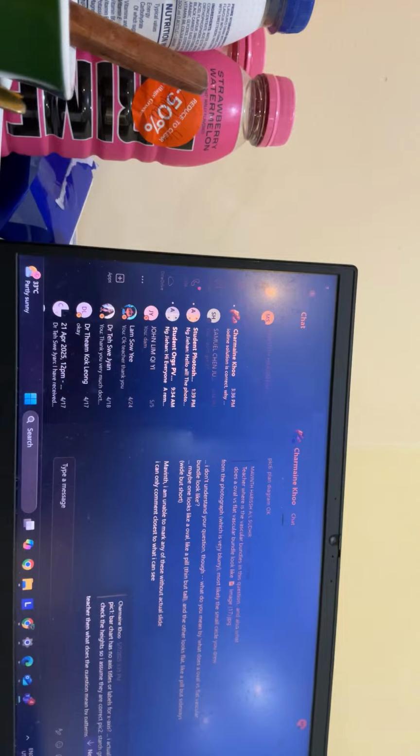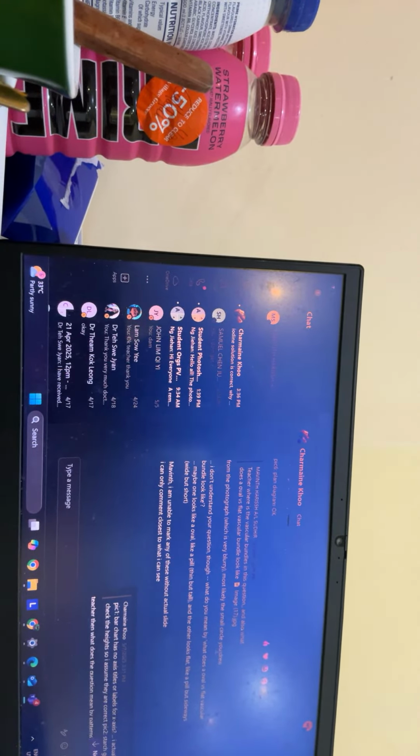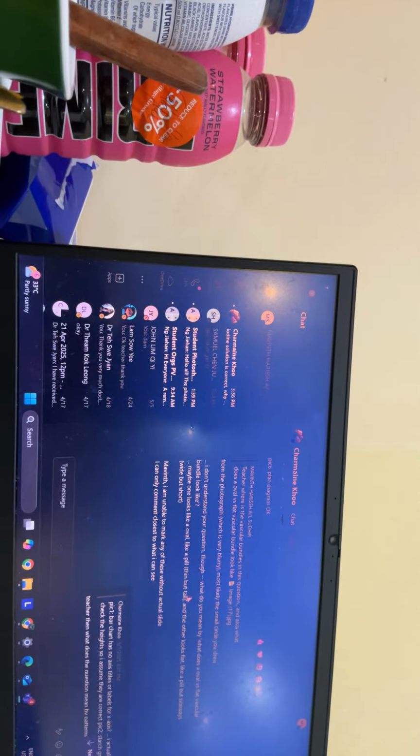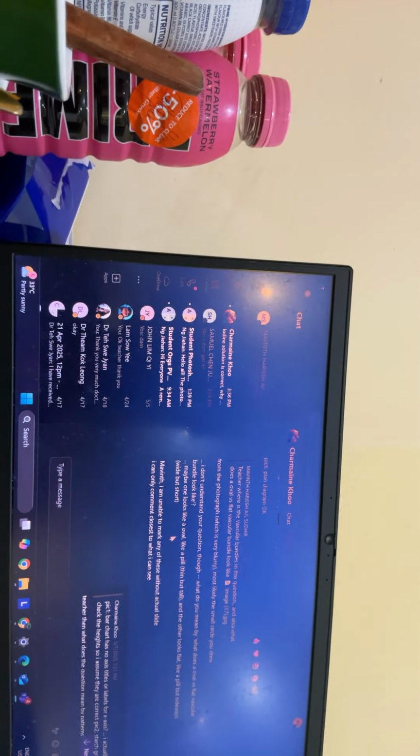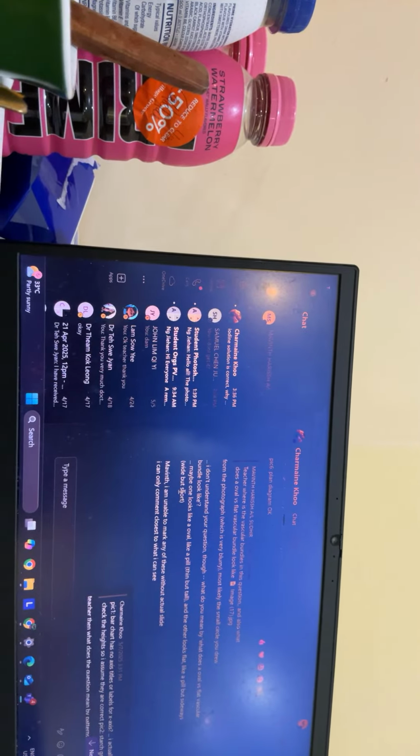From the photograph, which is very blurry, most likely a small circle you drew. I don't understand your question though. What is a flat vascular? Maybe one looks like an oval, like a pill, thin but tall, and the other looks flat, like a pill but sideways. What am I showing you?